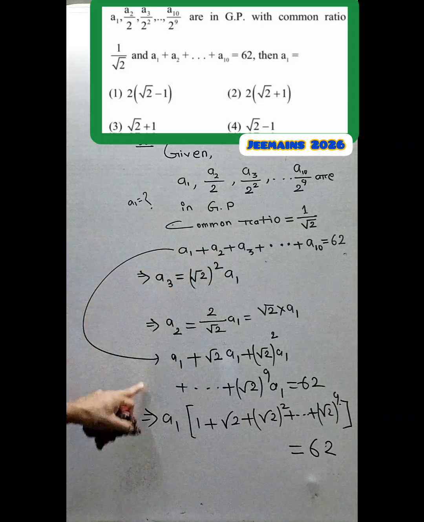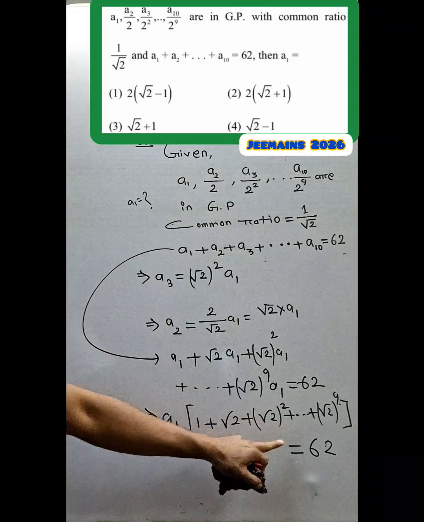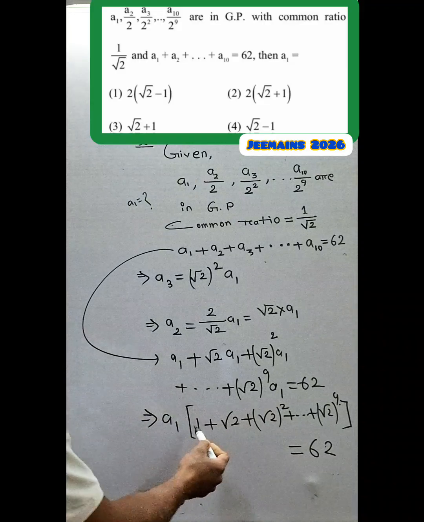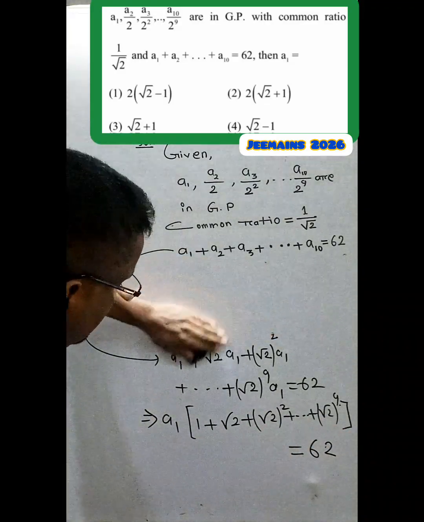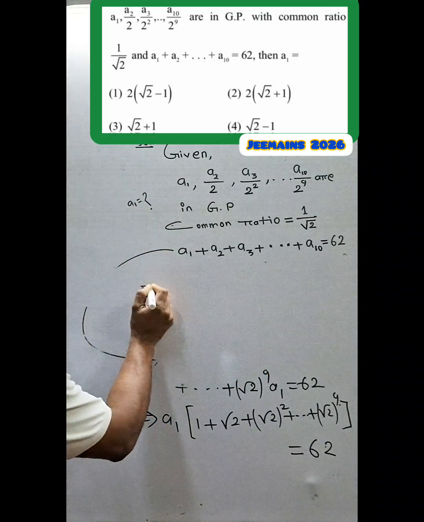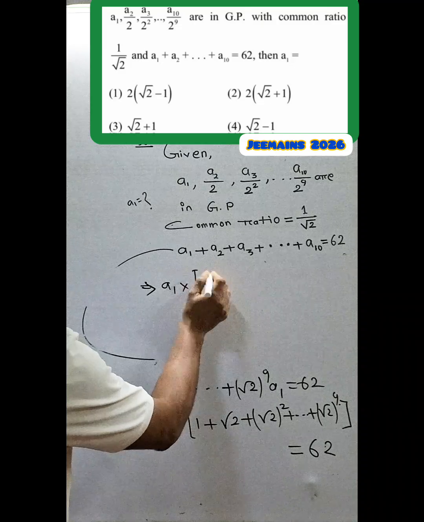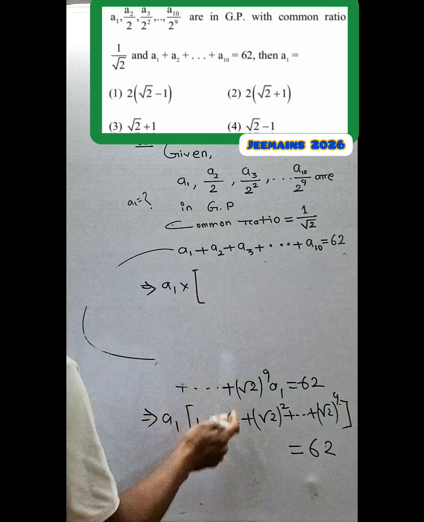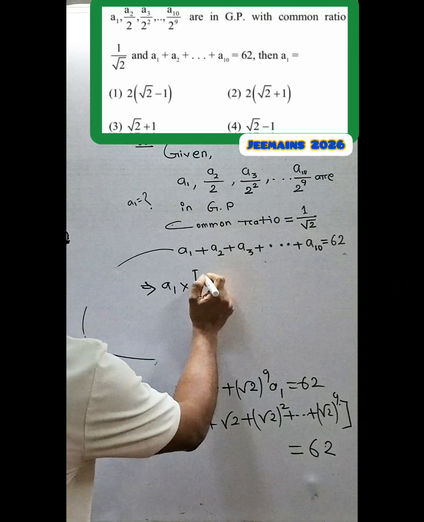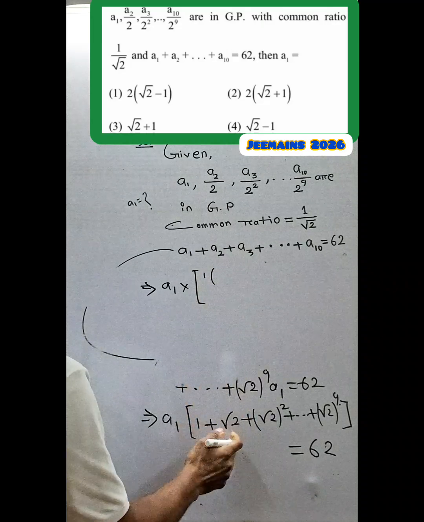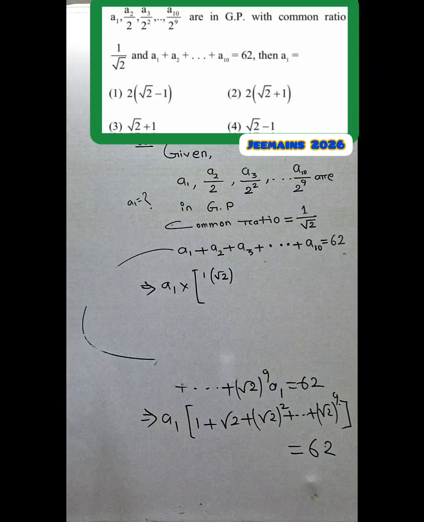This is given, and this series we have written is in GP with common ratio root 2. Now we can easily find the sum. Let us apply the sum formula for GP. A1 as it is, into the first term, which is 1. The common ratio in this case is root 2. Therefore, A into R to the power n, where R is root 2 and n is the number of terms.